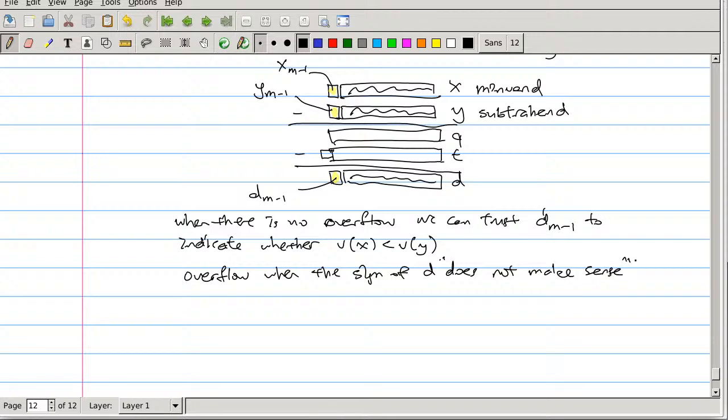So what do I mean by does not make sense? Let's look at all the combinations. This is x m minus 1, which is the sign of x, y m minus 1, which is the sign of y, d m minus 1, which is the sign of the difference. And now we ask, does this make sense?